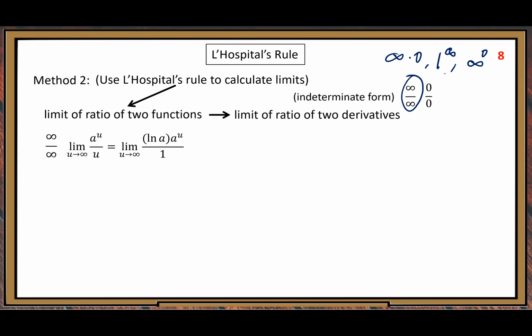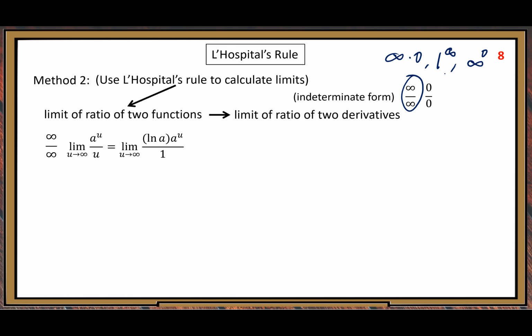So after you take the derivatives, you can get the answer easily. The denominator is just 1, very simple. In the numerator, natural log of a is a constant, and a to the u goes to infinity when u goes to infinity.